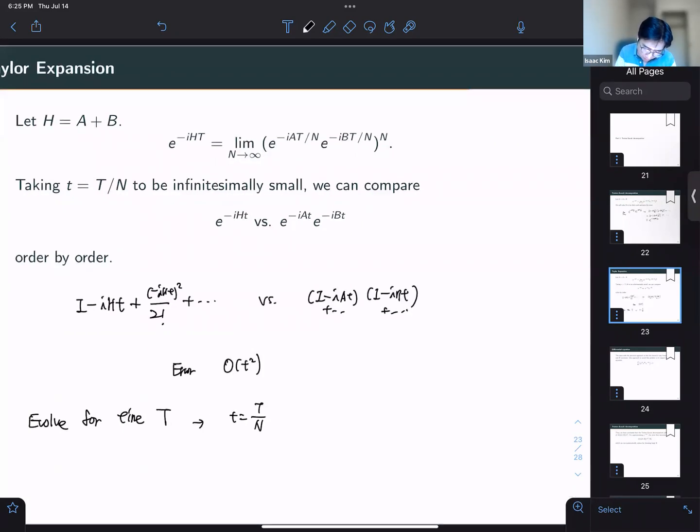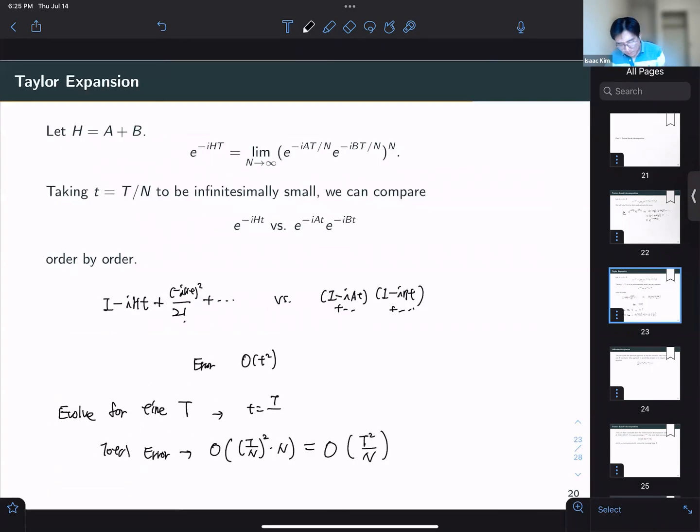So the total error will be roughly big O of t divided by n squared times n, which is big O of t squared divided by n. So as you make n larger and larger, you can make the total error smaller and smaller in a very systematic way.